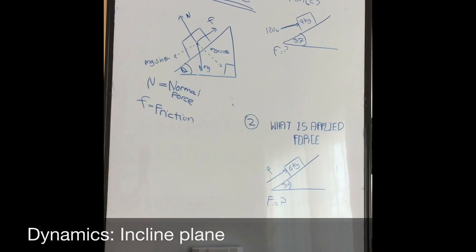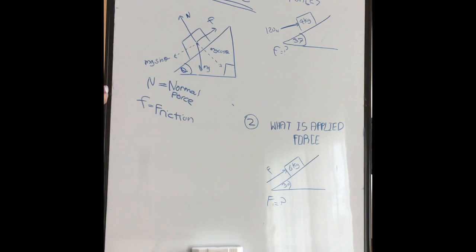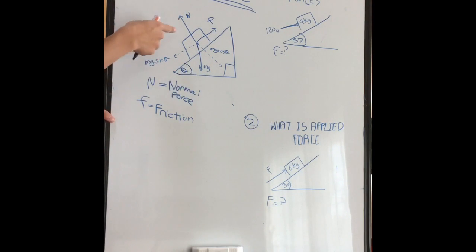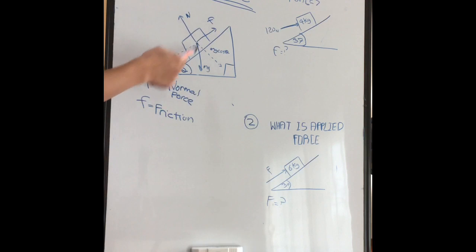So for the final one, inclined plane. The picture looks like this. It has friction along the slope, mg sine theta down the slope, mg from the object, and mg cos theta perpendicular to the slope, and the normal force acts on the surface. So N is the normal force, F is friction.